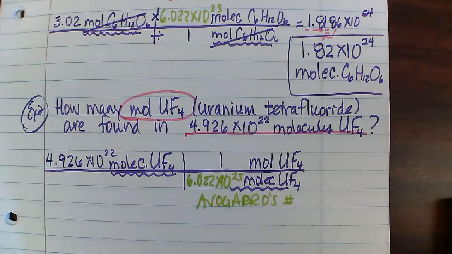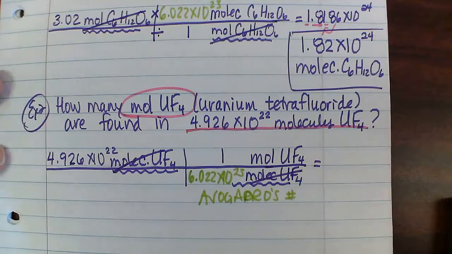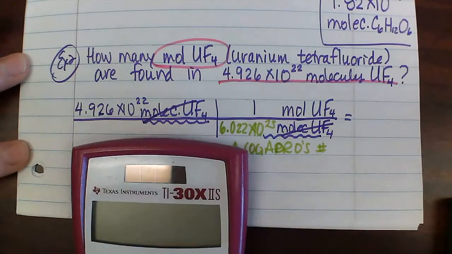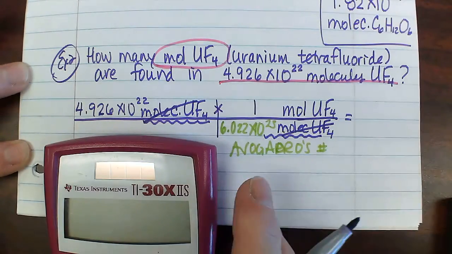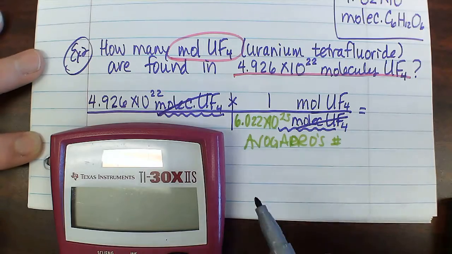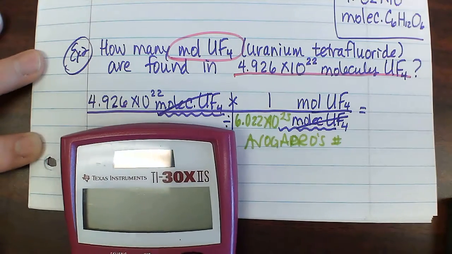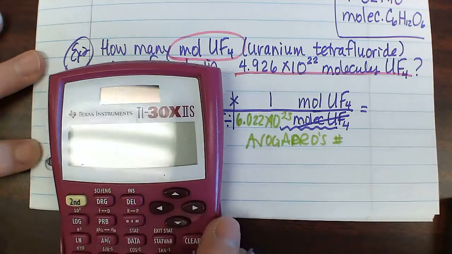Now I am going to cross out my labels, use my calculator, and here's what I'm going to do. Technically I should multiply by 1 because it's on the top. I don't need to do that. But then I'm going to divide by what's on the bottom, which is that 6.022 times 10 to the 23rd.